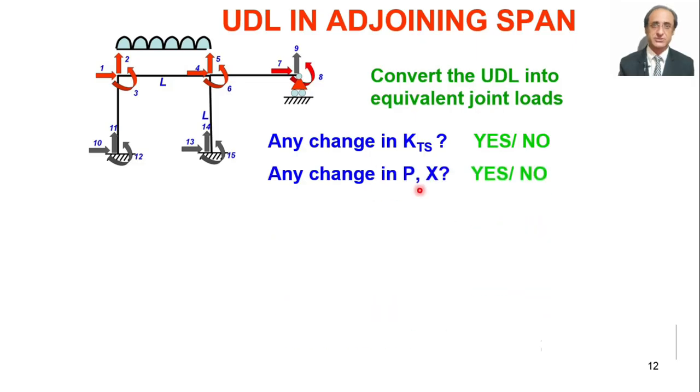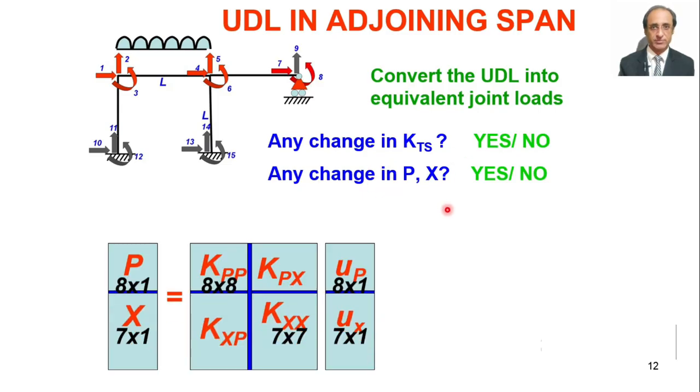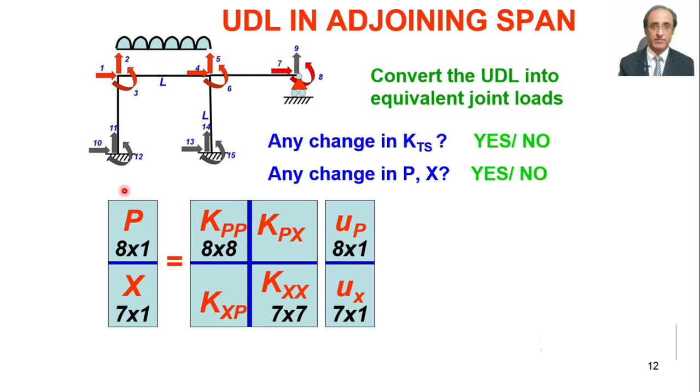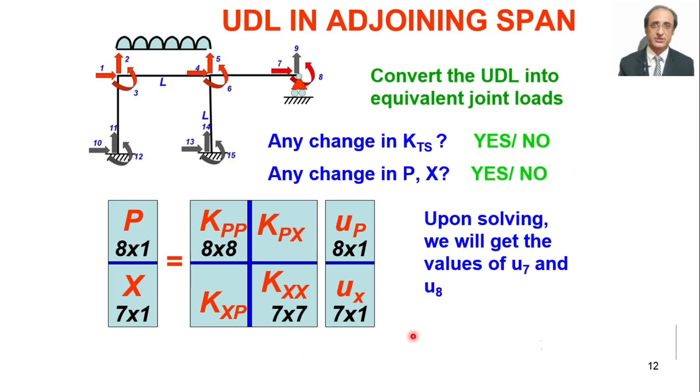Similarly, will there be a change in P and X? Yes, that will be there. The sizes will remain as they were before. The only thing is that we have to incorporate the equivalent joint loads of these, and upon solving we'll get all the displacements.